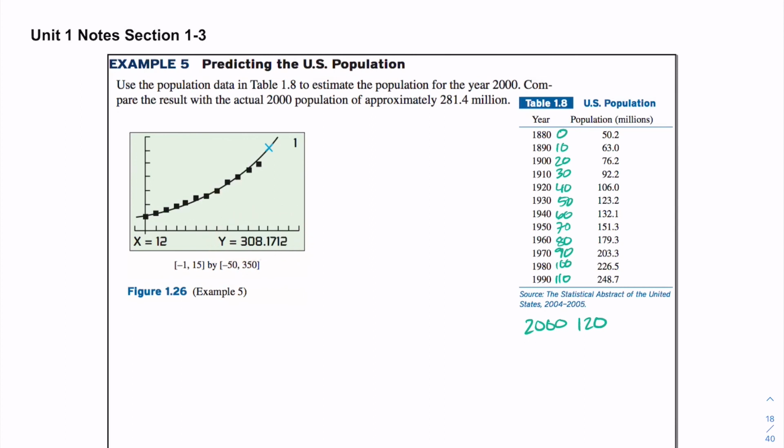So again, you could have used 0 through 120, and that's fine, but you would have had to go up to 120 to get your data. In this case, they kept it a little more simple. They did 12 instead of 120, and it's still going to give you that same result because we called it 12 decades later instead of 120 years.